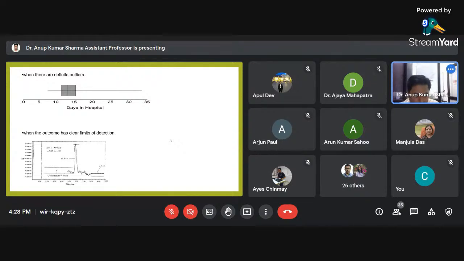All except one student get more than 16, and one gets 5 marks. That student is the outlier. That type of data we consider under non-parametric tests.